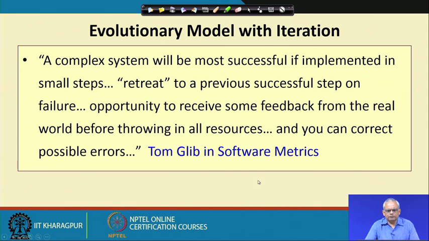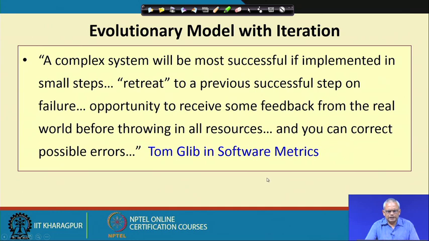Let us see what Tom Gilb, an eminent personality in this area, has to say. A complex system will be most successful if implemented in small steps. Retreat to a previous successful step on failure. Opportunity to receive some feedback from the real world before throwing in all resources, and you can correct possible errors.